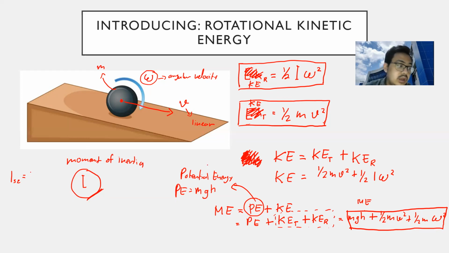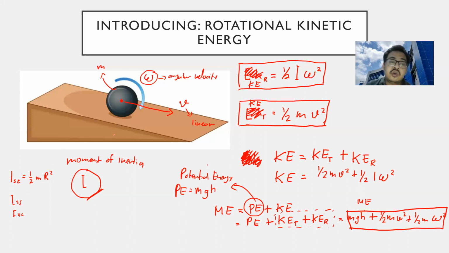It is equal to half times m times r square, where m is the mass of the cylinder and r is the radius of the cylinder. It will be different if we have a solid sphere, or maybe a hollow cylinder, or any other object. Basically, a different object will have a different moment of inertia.